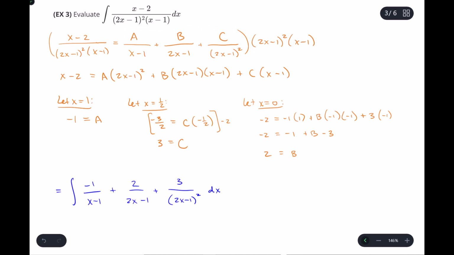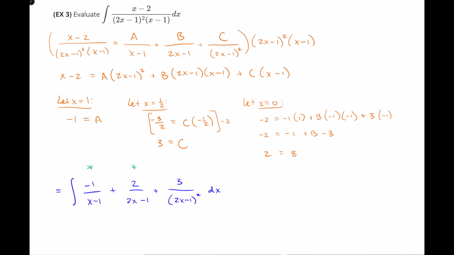Okay, now when we had linear factors that were distinct, then the integration was very straightforward. Any factor that involved a term that was linear in the denominator and a constant in the numerator, we could just use the natural log rule and integrate those very easily.